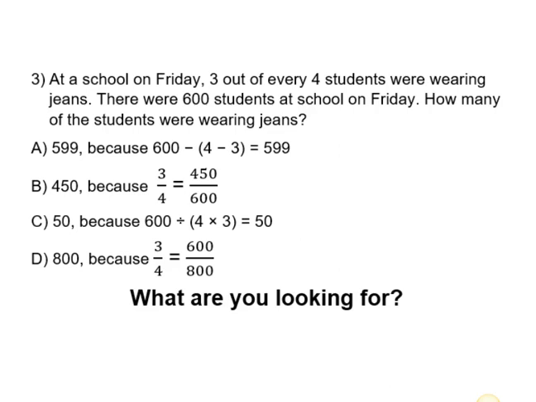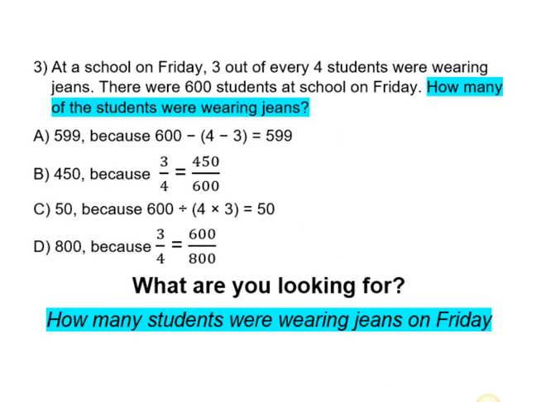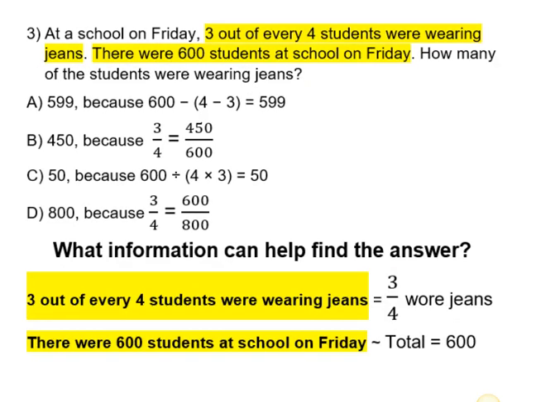What are we looking for? We are looking for how many students were wearing jeans on Friday. What information can help find the answer? Looking back at our problem, the first thing that can help us is that 3 out of every 4 students were wearing jeans.